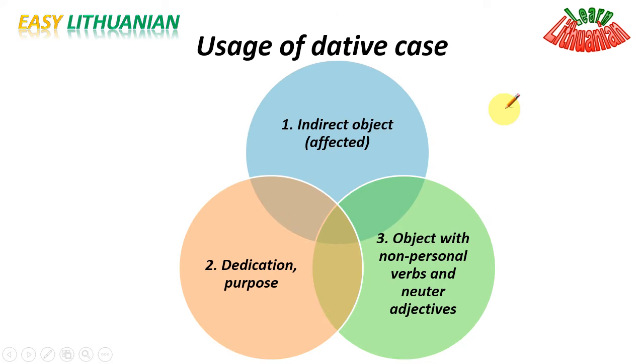So when dative case is used, the object that is in dative case can be the indirect object, the object that is affected.